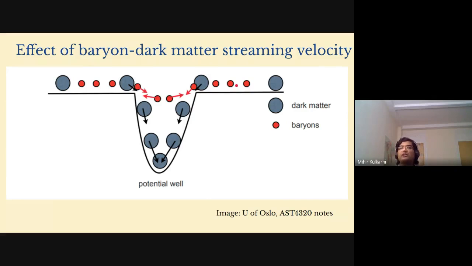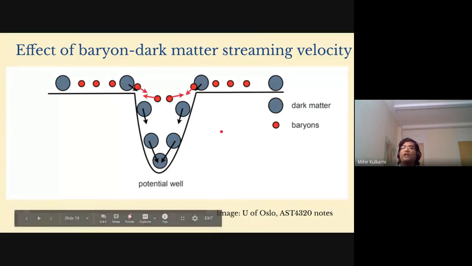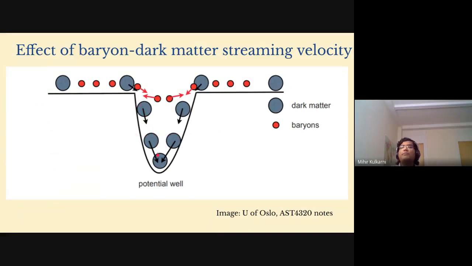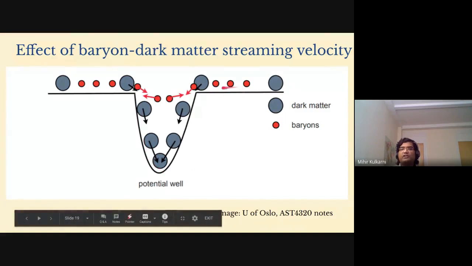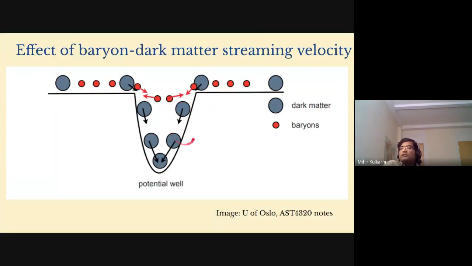So dark matter evolves under its own gravity and starts to build up gravitational potential wells, shown here in gray particles, whereas the baryons' evolution is mostly determined by what is happening with the radiation, and they do not fall in the potential wells of dark matter. This is just before recombination.